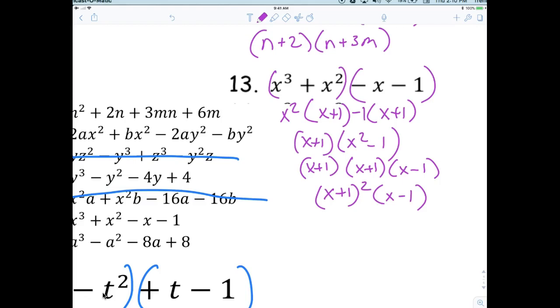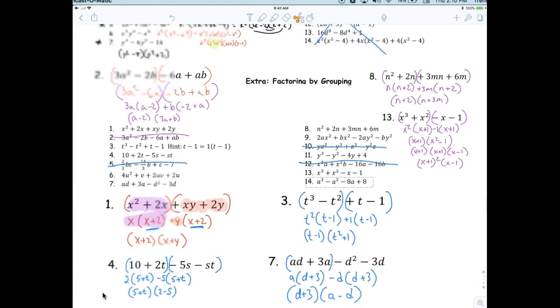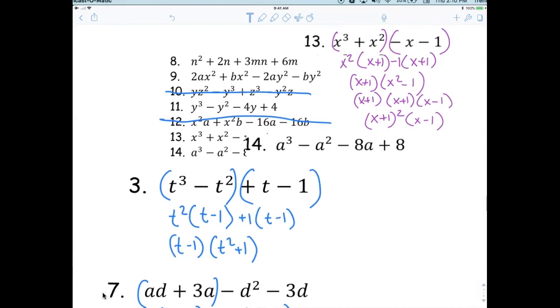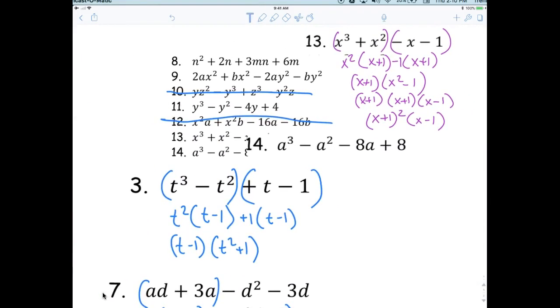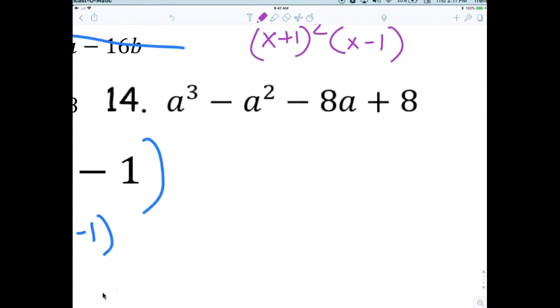Now, last one. Let's take a look at 14. Let's see how you're doing with 14. All right, so for 14, again, factoring by grouping.